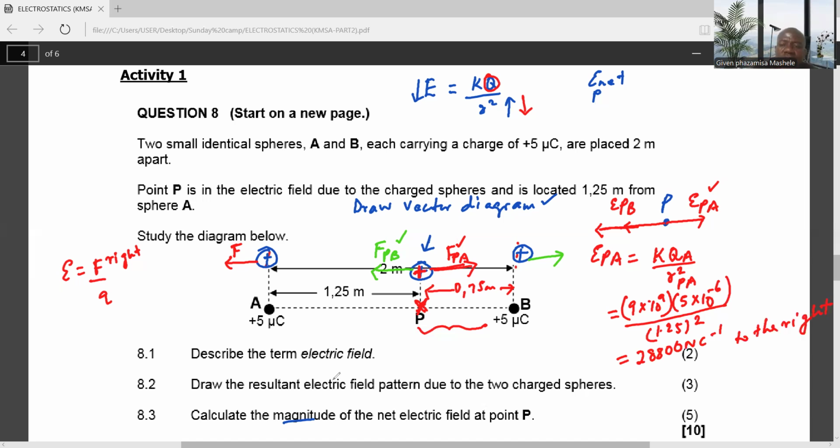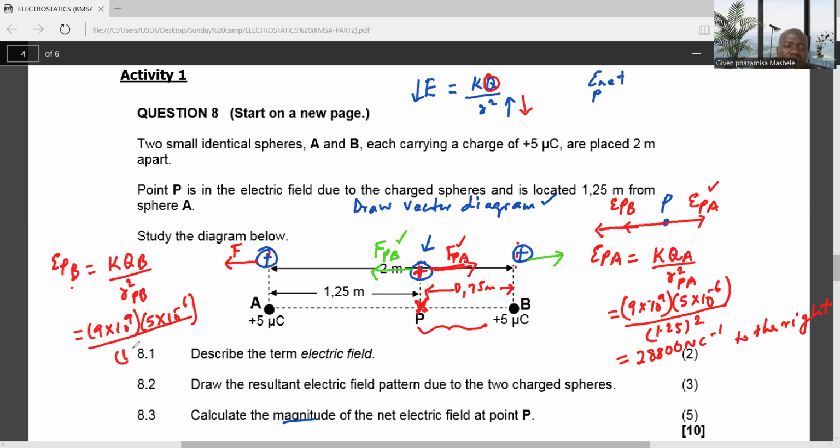And we do the same for the electric field at P due to B. Remember, the Q is for the source. So now the electric field at P due to B will be K times the charge at B, not at P, divided by the square of the distance between P and B. What is the K? It's 9 times 10 to the power of 9. Charge of B is still the same, 5 times 10 to the power minus 6. Now, what is the distance between P and B?